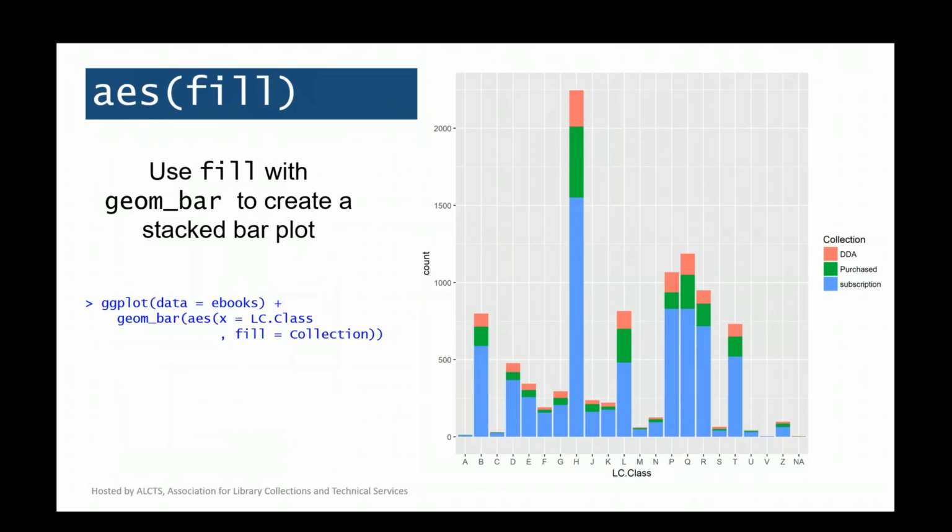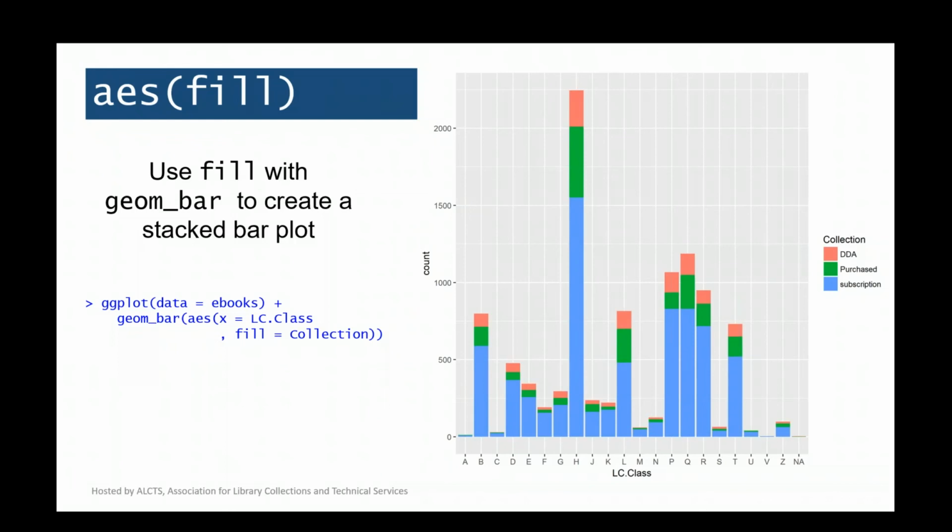Similarly, we can use fill with geom bar plots to create what are called stacked bar plots. So here I'm calling the same exact function as I did at the beginning of this section, geom bar, mapping LC class to the x-axis, and I'm mapping collection to the fill, and it's coloring in automatically according to those levels of the collection aesthetic.